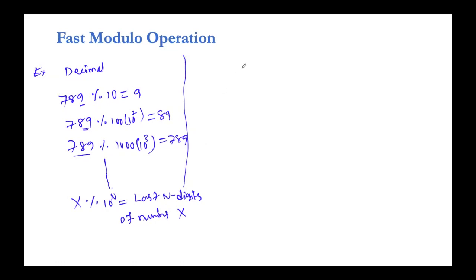In the same way, for binary we do the same modular operation to make it simple to map the cache line index into your frame index. For any binary number y, y modulo 2 to the power of n takes the last n bits of the binary number y.